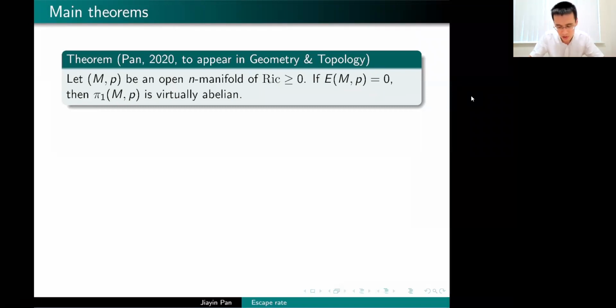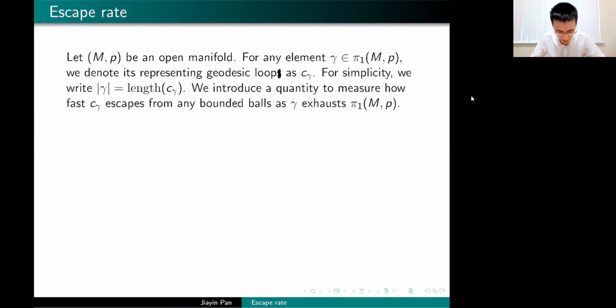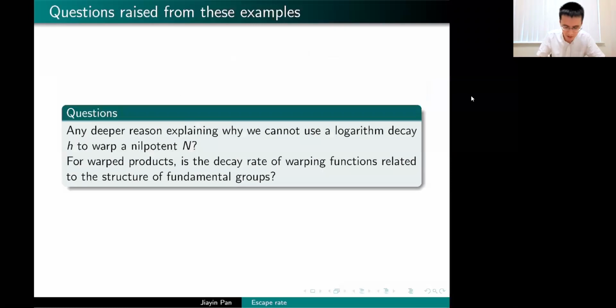It also addresses the question: is the decaying rate of the warping function related to the structure of the fundamental group, or why can we not use logarithm decay warping functions to warp a nilpotent closed one?